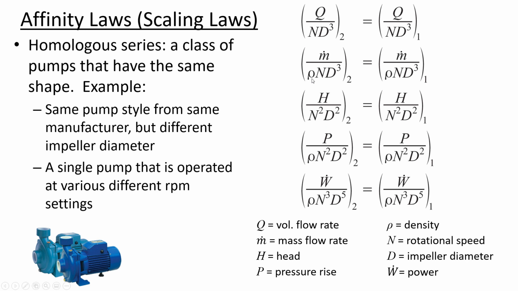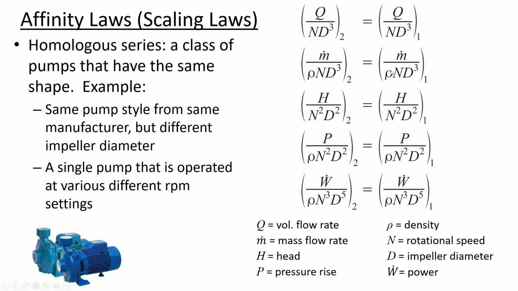The next formula we don't use as often. It's relating the mass flow rate. And so for both of the examples that we're going to be working through in today's class, we won't use the second equation. But if you had a pump equation that, instead of using the volumetric flow rate for the pump, used the mass flow rate, then the second formula is what you'd use.